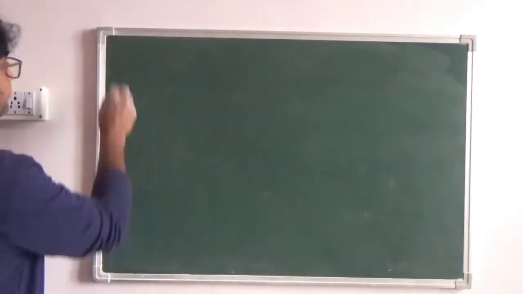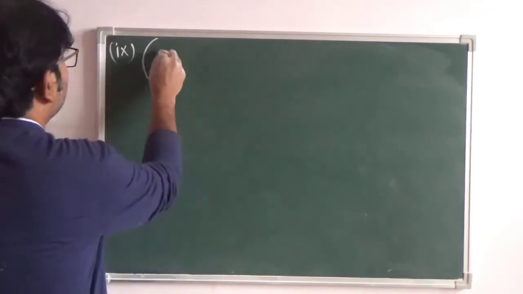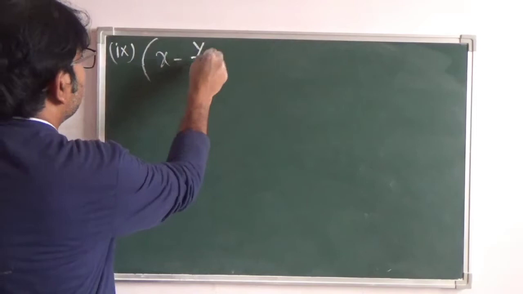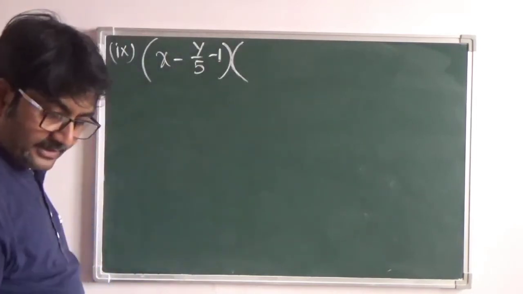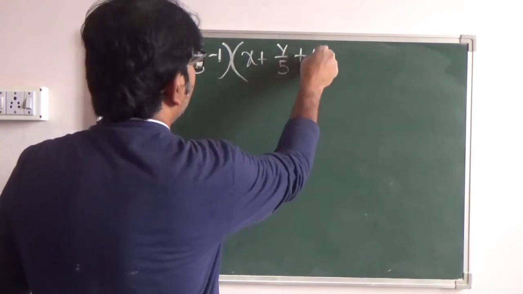Next is, we have (x - y/5 - 1)(x + y/5 + 1).